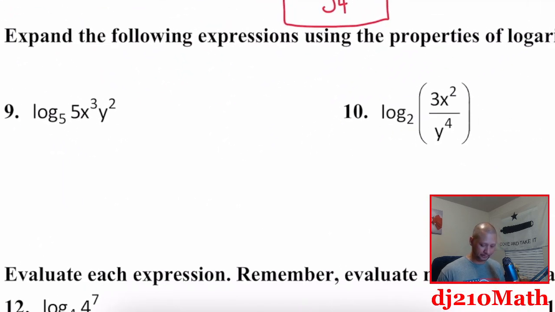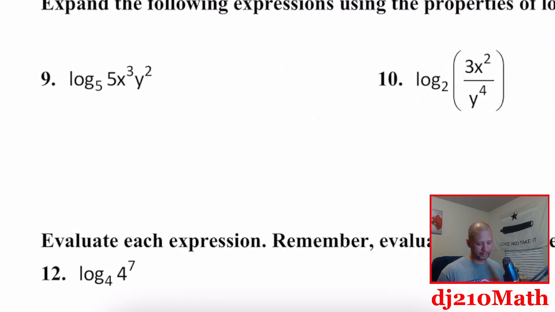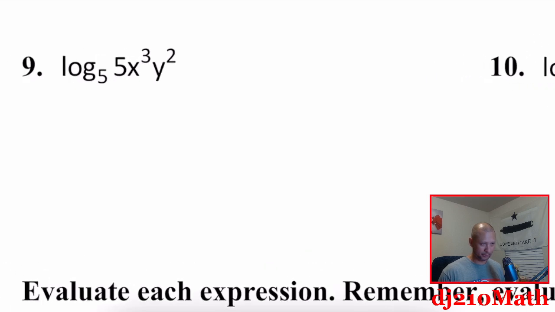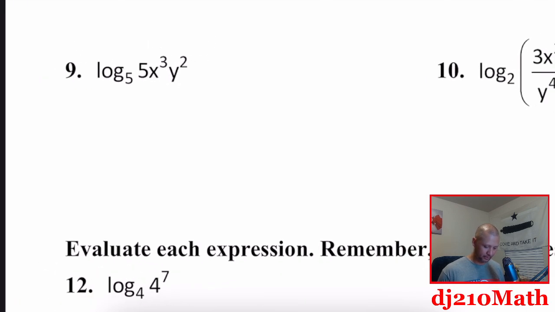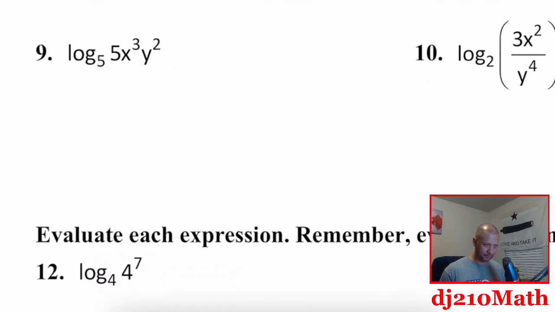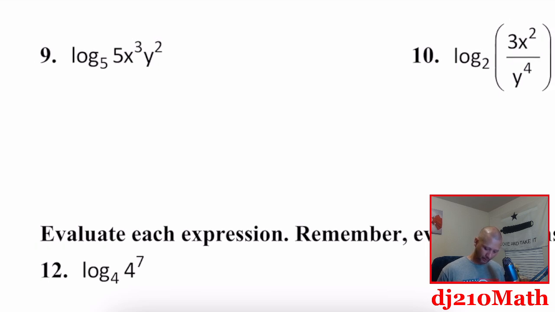Okay. That was condensing. Now let's go in the opposite direction. We're expanding. Here you have to be very, very precise on your details. You have to realize that when the coefficient touches the variable, and the variable touches another variable, this is multiplication.